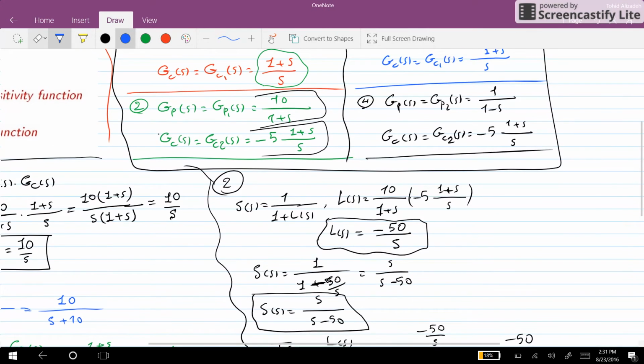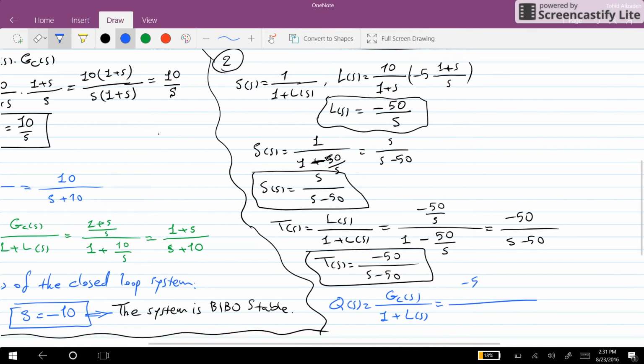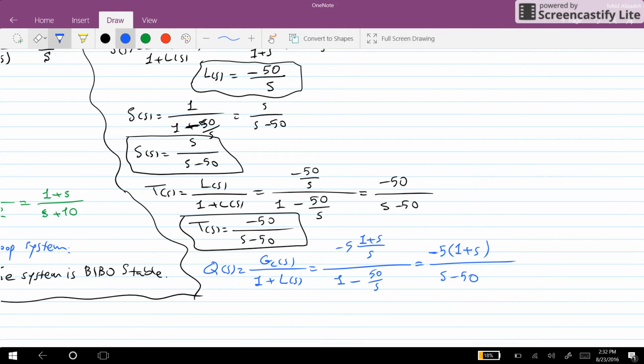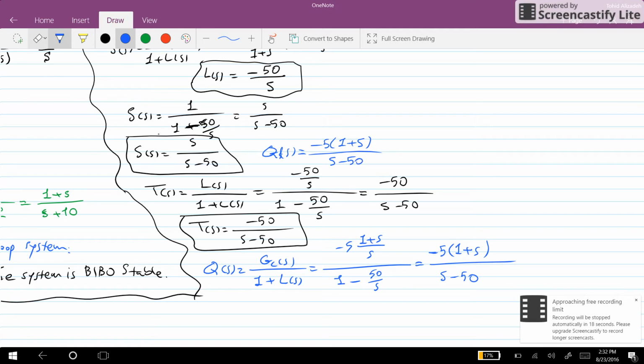So GC here is minus 5 times 1 plus S over S, and L is minus 50 over S. So after simplification, we will get minus 5 times 1 plus S over S minus 50. So I will write it again here. Q is equal to minus 5 times 1 plus S over S minus 50.